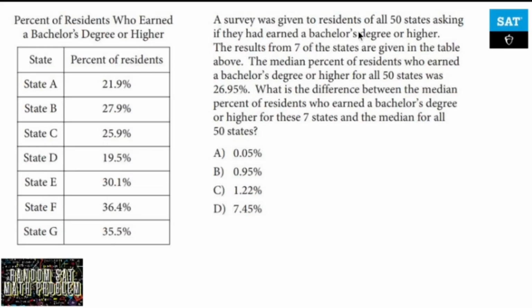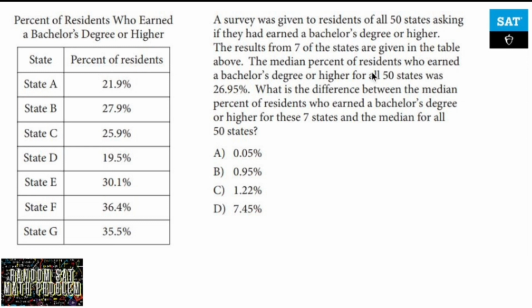A survey was given to residents of all 50 states, even Alaska and Hawaii, asking if they had earned a bachelor's degree or higher. The results from 7 of these states are given in this table. So state A gets 21.9% of the people have a bachelor's degree, and so on.